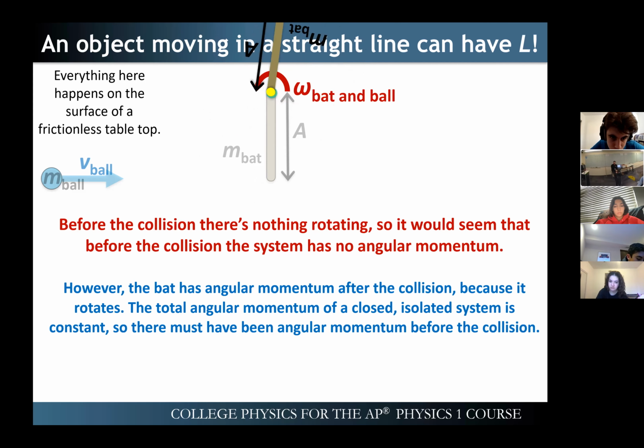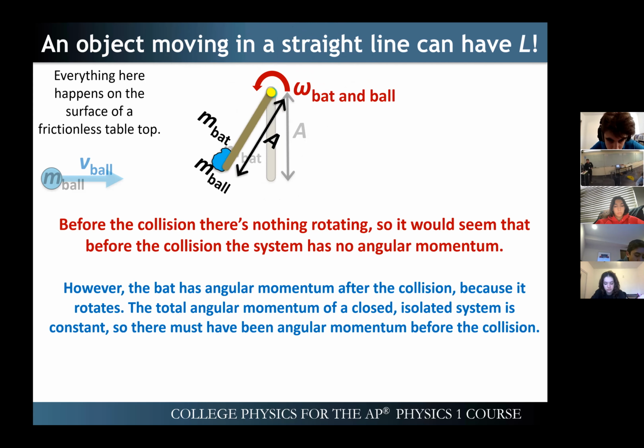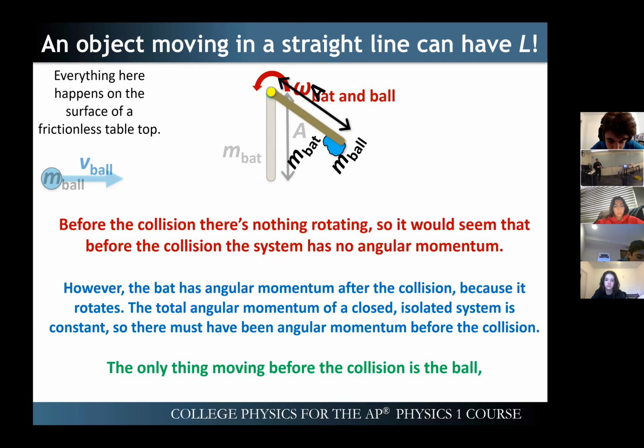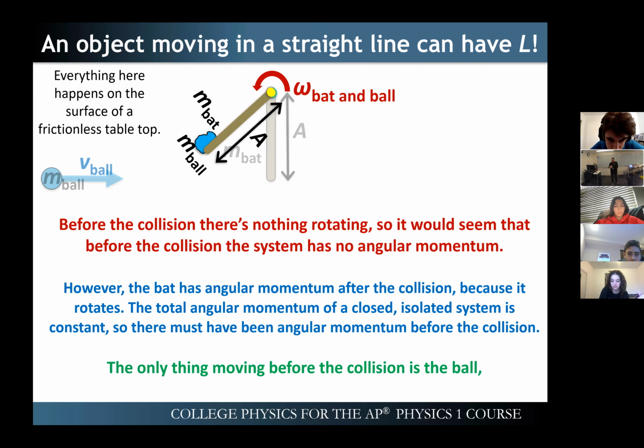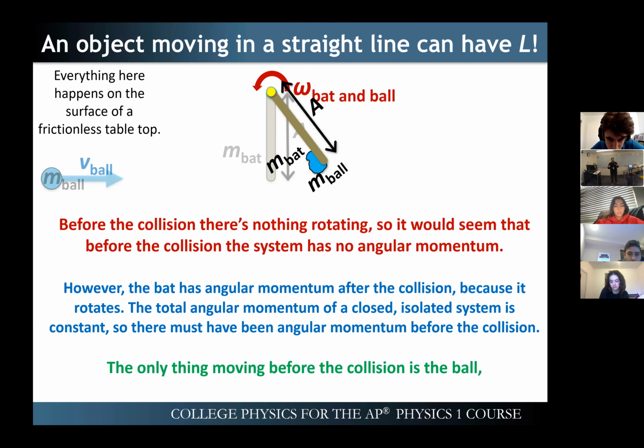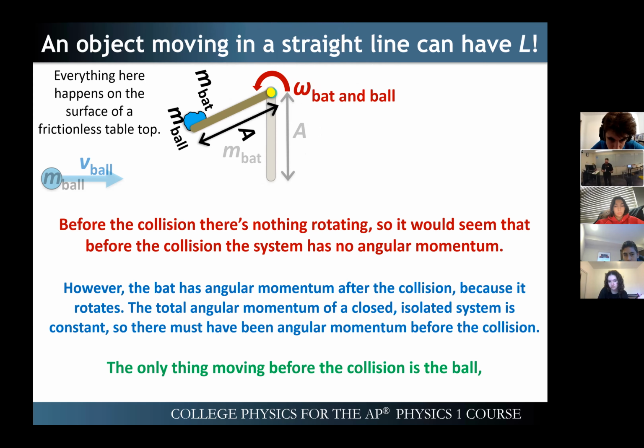But it's actually somehow possessed in the object's movement, that even though it's moving in a straight line, because we know angular momentum has to be conserved, we don't see it. So in a sense, like Nat was saying, it's almost like it's hidden. It's behind the fact that it's moving linearly, but it actually does exist. Otherwise, it couldn't cause angular momentum to suddenly appear. Angular momentum can't come out of nowhere. It's conserved. So if it has it in the end, the ball somehow had to possess it in the beginning.